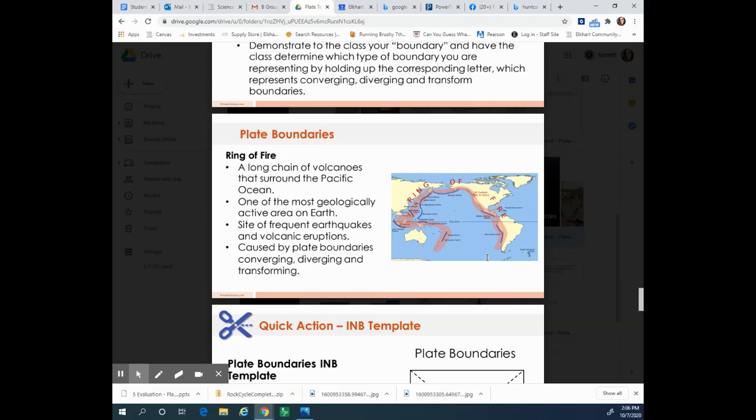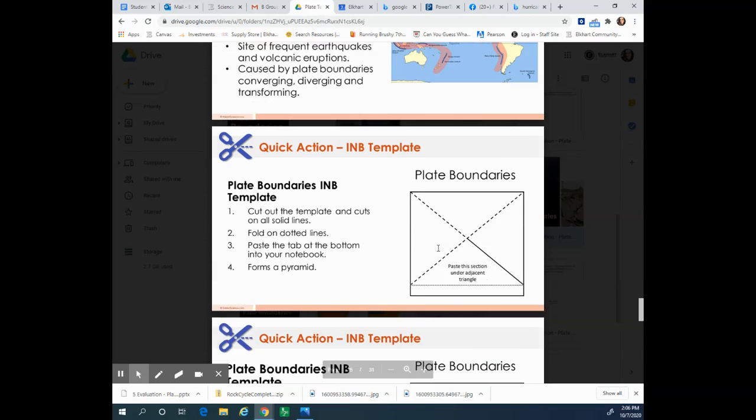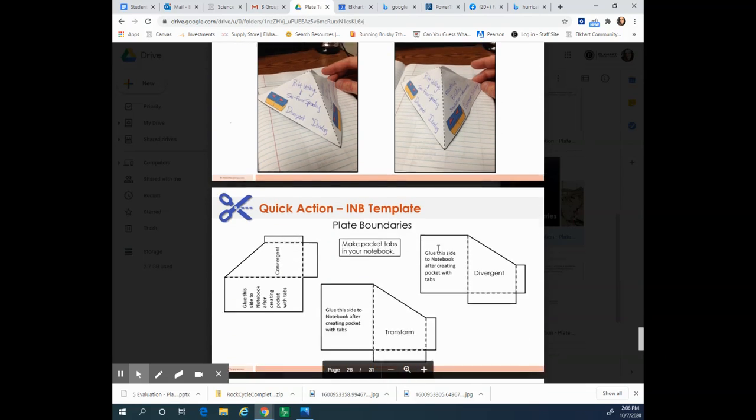All of this area is surrounded by a bunch of plates that are pushing and pulling and moving and sliding against the Pacific Plate. And this is why it is the most active place in the world for volcanoes, earthquakes, and other land forming opportunities.